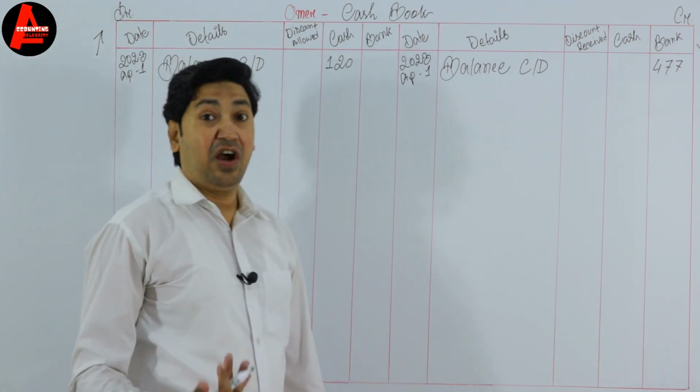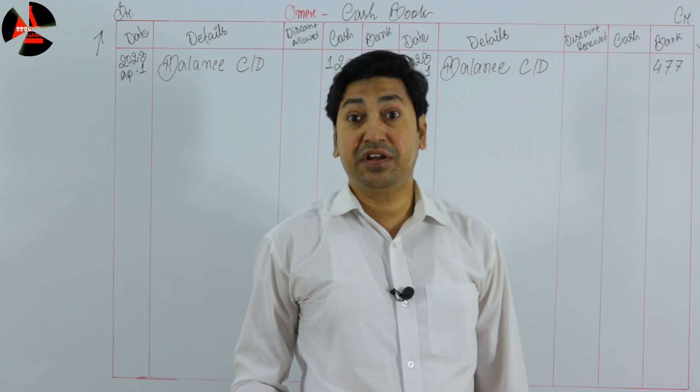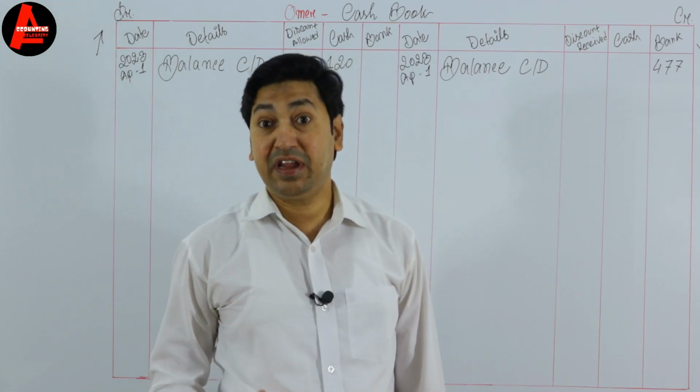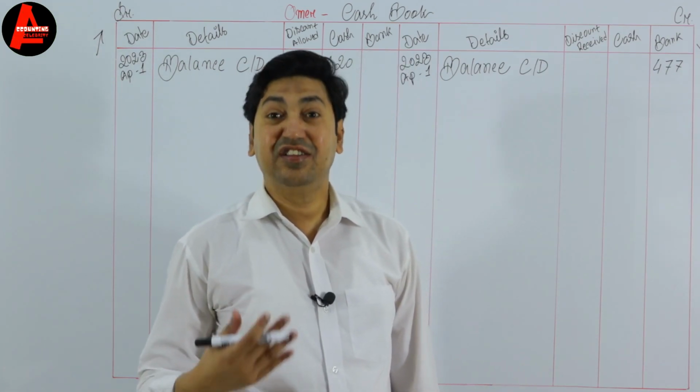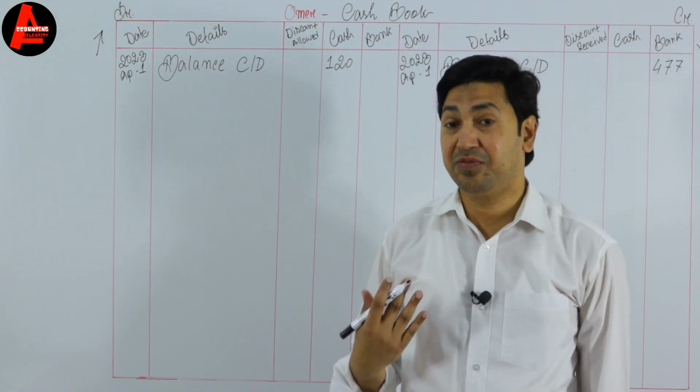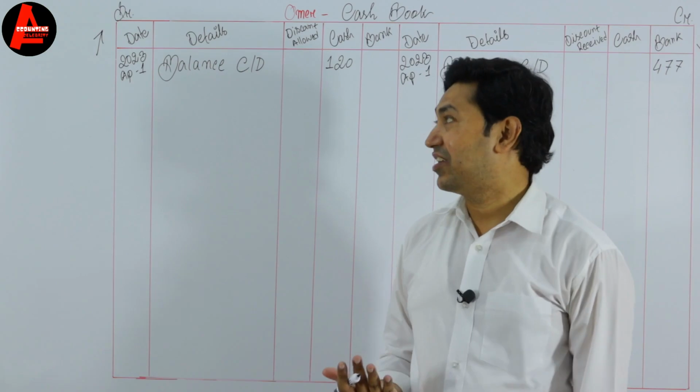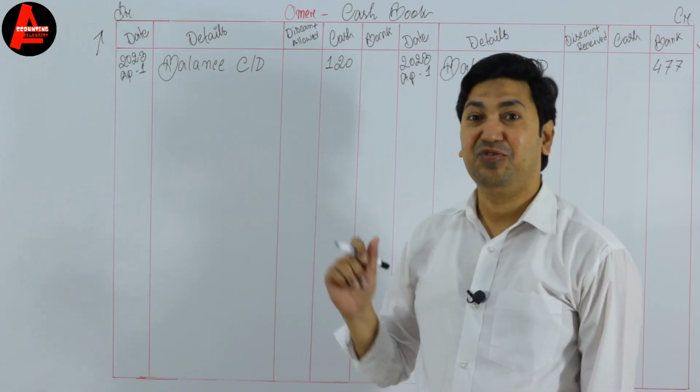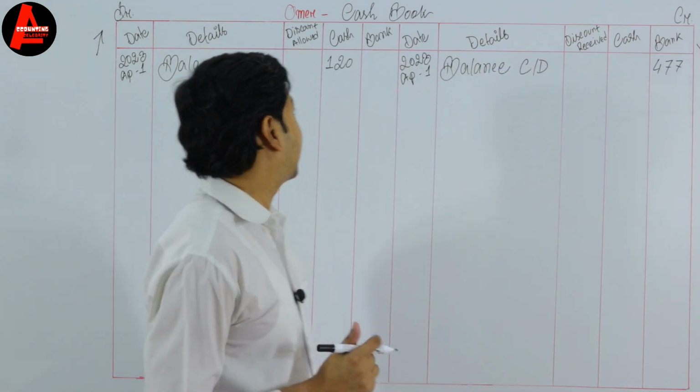Now the owner introduced some money to the business. So what will happen? The balance of the business will increase, right? So we will record it on the debit side.